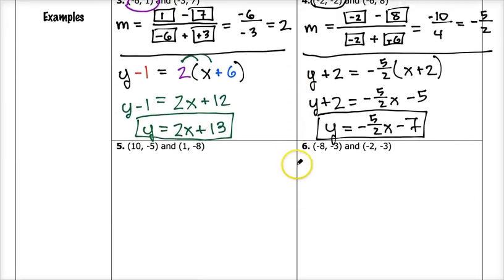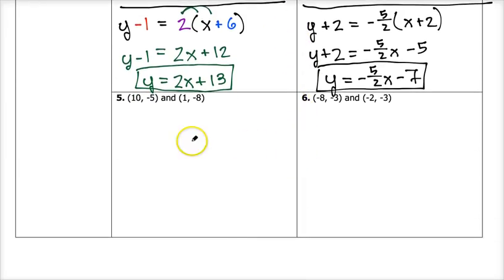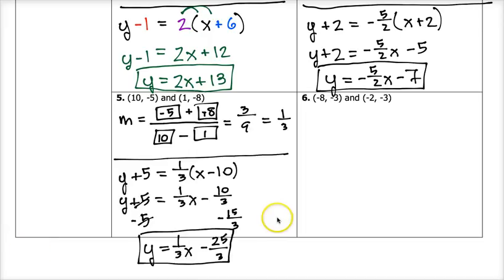Okay, what I want you to do now is pause the video, try number 5 on your own, and then once you have the equation in slope-intercept form for number 5, click play to check your answer. Okay, if you got a strange-looking equation with fractions for both the m and the b value, you're correct. So the slope of this line is 1/3 using your slope formula.